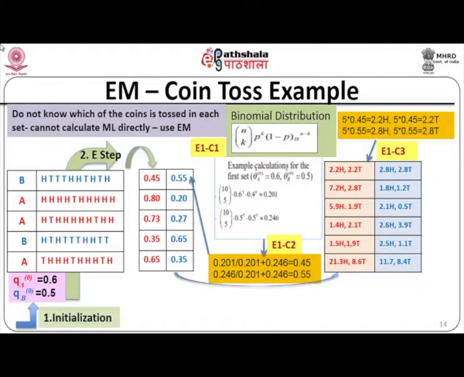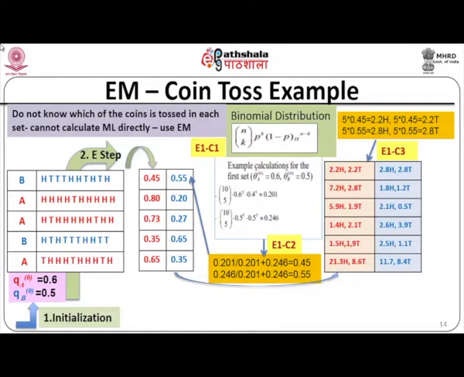But I could as well have chosen a blue. So, it is 0.55 into 5, which gives me 2.8. So, I have 2.2 H and 2.2 T, 2.8 H and 2.8 T. This is because the number of heads and the number of tails are 5 and 5 respectively. Like this I will fill it for all the 5 sets.